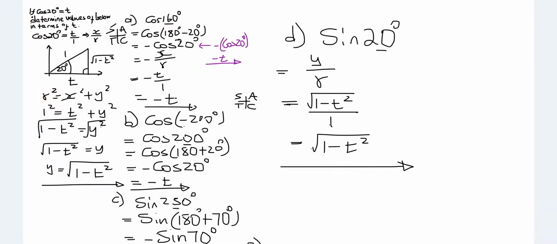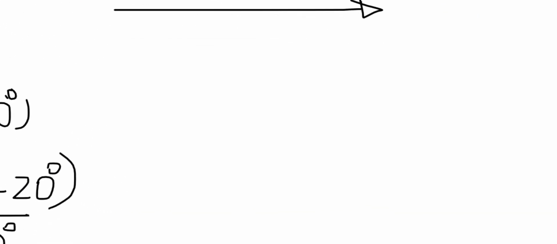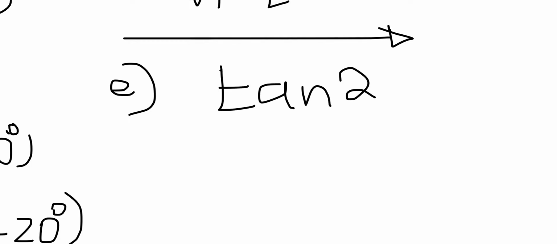I'm pretty sure that you did understand how easy that one is, especially after you have done your right angled triangle. And let's do this last one, where you are given tan of 20 degrees.